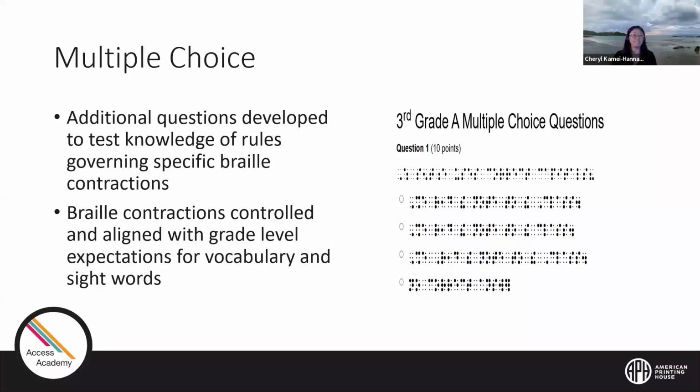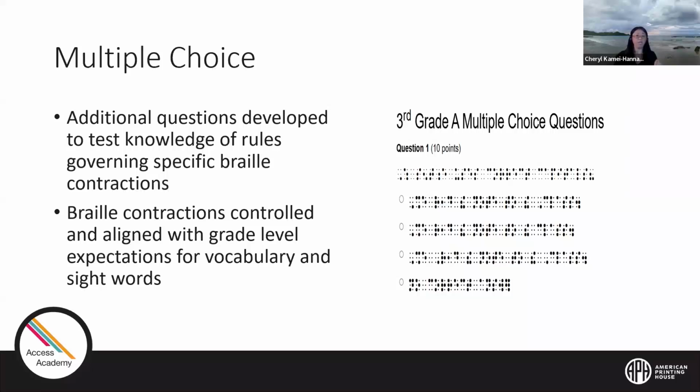What we wanted to do was test not just knowledge of grammar and spelling that you would see in a typical K-12 setting that are addressed in the expanded core, but we also wanted to test differences in the Braille code. What I mean by that is if you were to take the word brother, B-R-O-T-H-E-R, you have to question whether or not you would use a THE contraction, an ER contraction, a TH contraction, or some variation of those contractions.